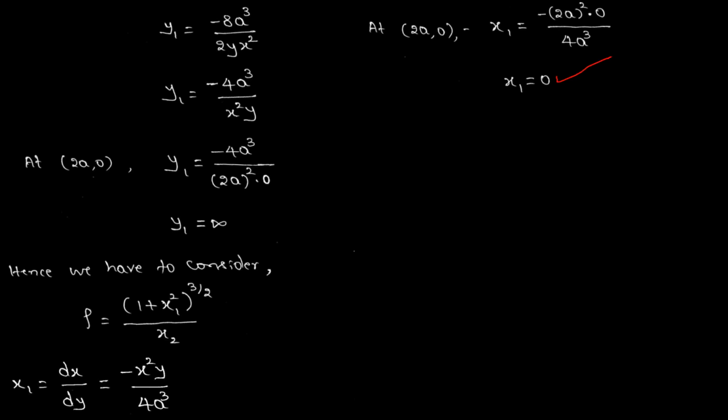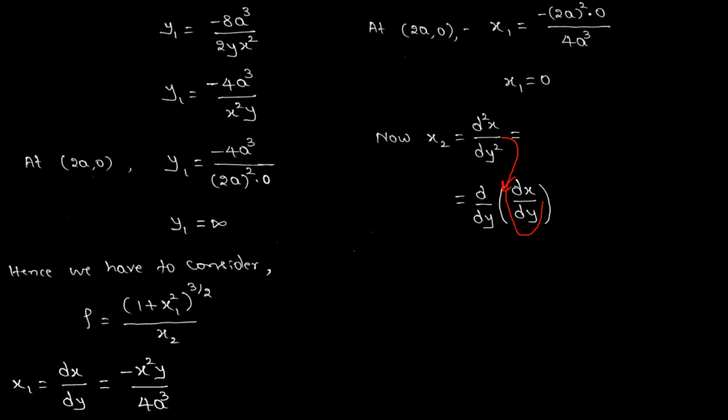Now let us find the value of x2. To find x2 we need to differentiate x1 again. x2 is d square x by dy square, which can also be written as d by dy of dx by dy.